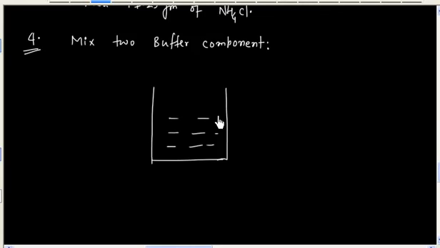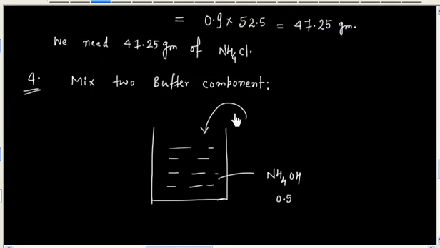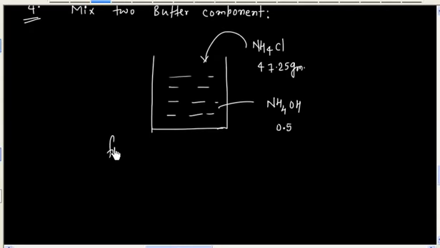So we have weak base ammonium hydroxide 0.5 M and we will add ammonium chloride of 47.25 gram so that final volume of solution becomes 1 liter.